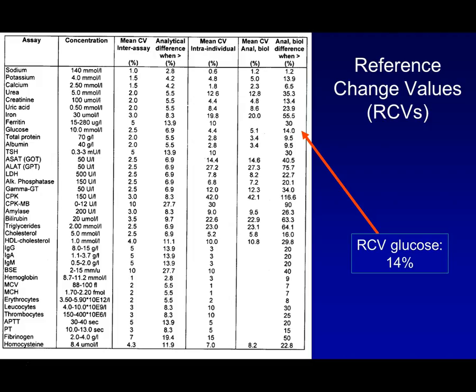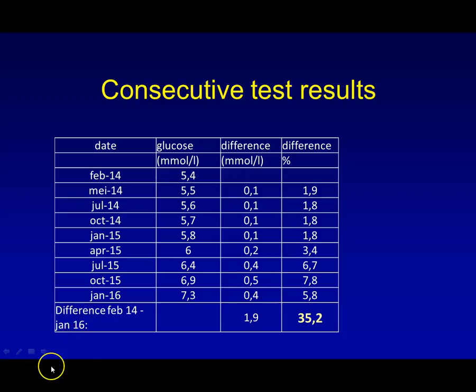Reference change values of many clinical chemistry parameters are well known, and for glucose the reference change value amounts to 14%. If we apply the reference change value to the glucose levels of Christine, we see that each consecutive measurement is not significantly different from the previous one. The highest change is 7.8%.